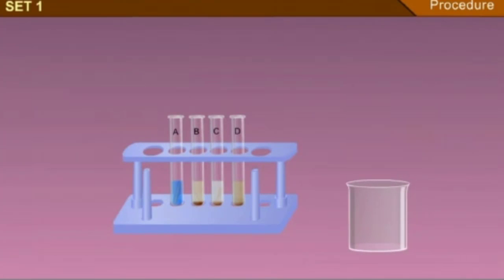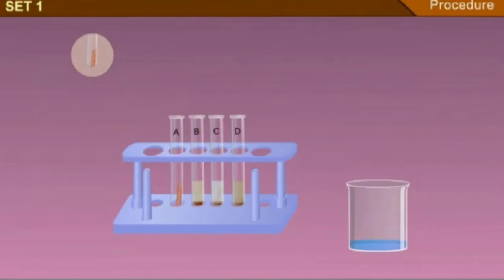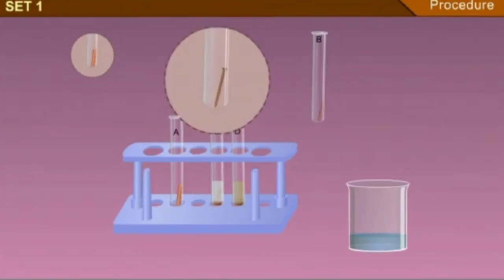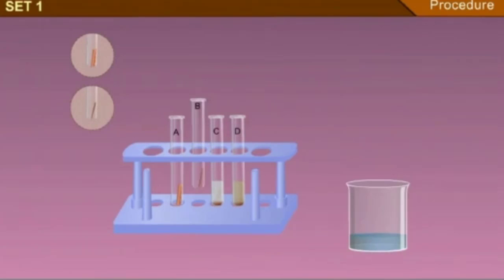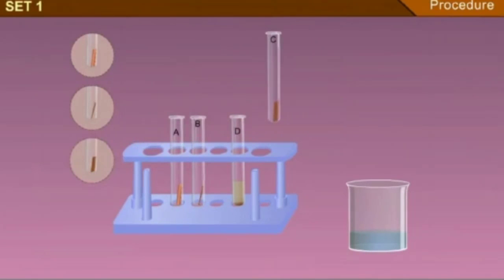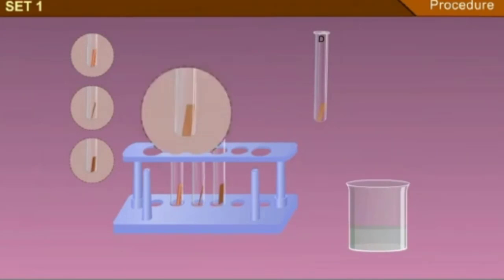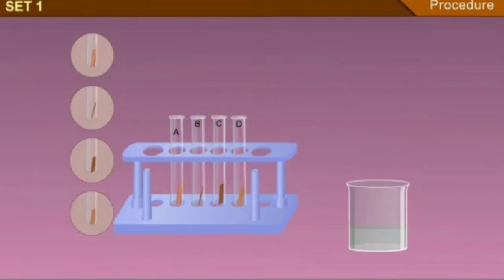Wait for 5 minutes and then pour off copper sulfate solution from each test tube into the beaker. Observe the color of metals in each test tube. Observations: 1.